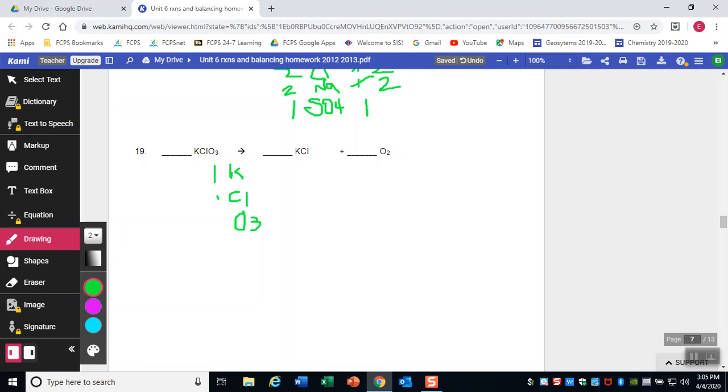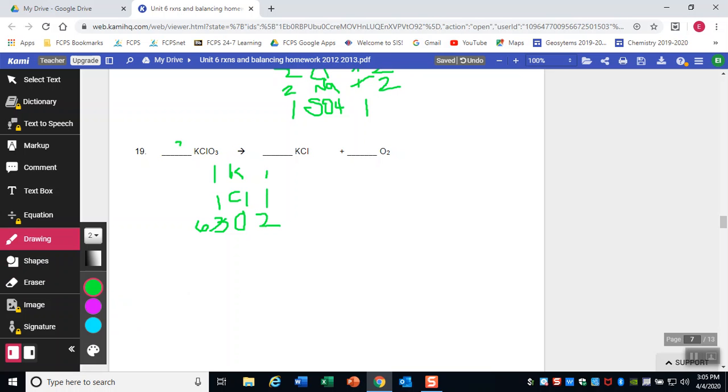And I have 1, 1, 3. Oh, oops. Over here, I actually had 2. Right, and 1, 1, 2. All right, so least common multiple is 6. So I'm going for 6 here.